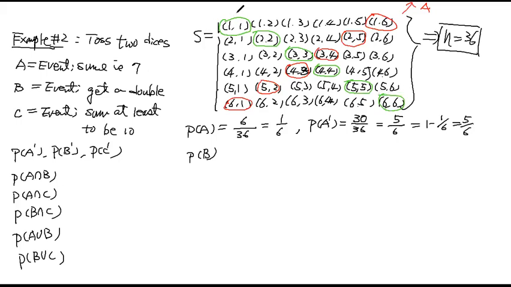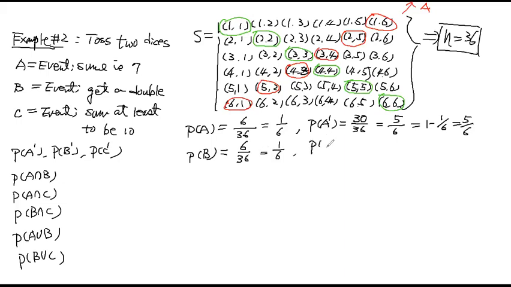How many elements do I have in B? I have 6 also, right? So B is 6 out of 36, and this is 1/6.